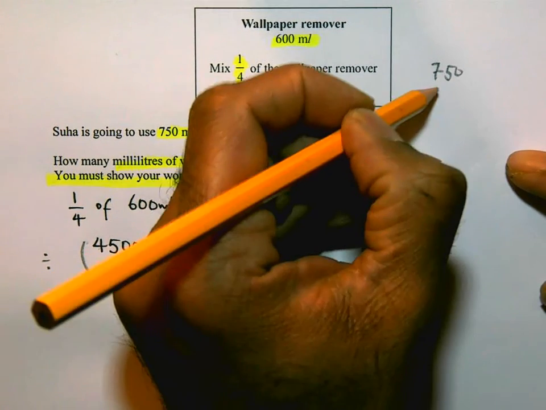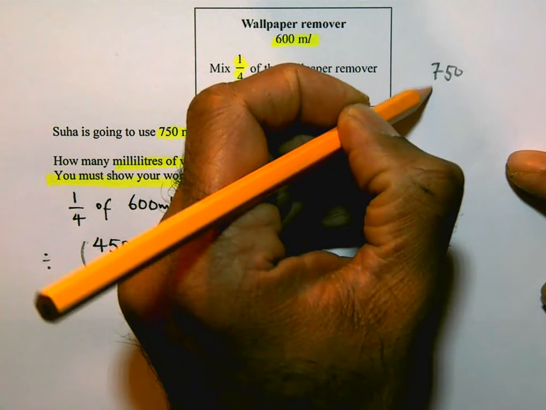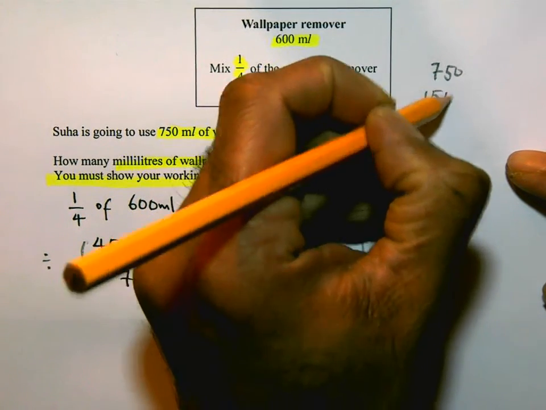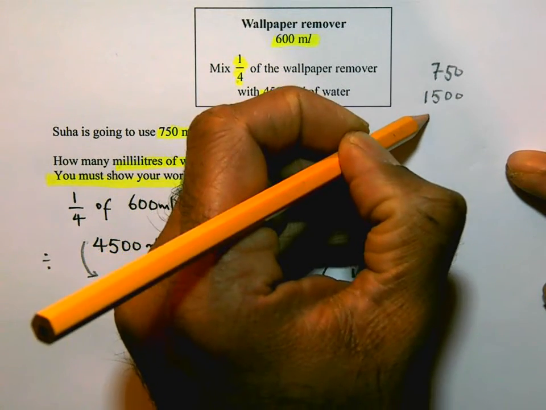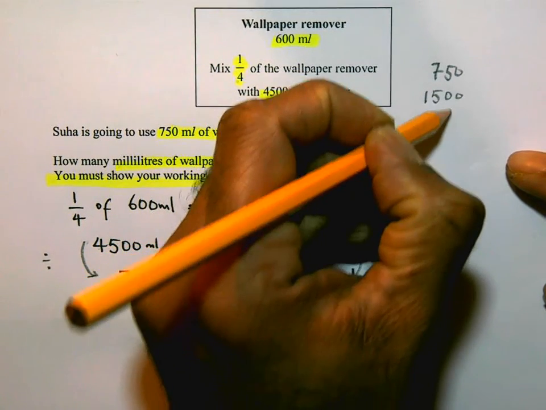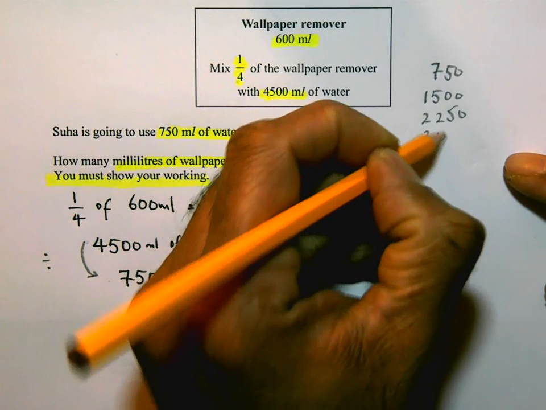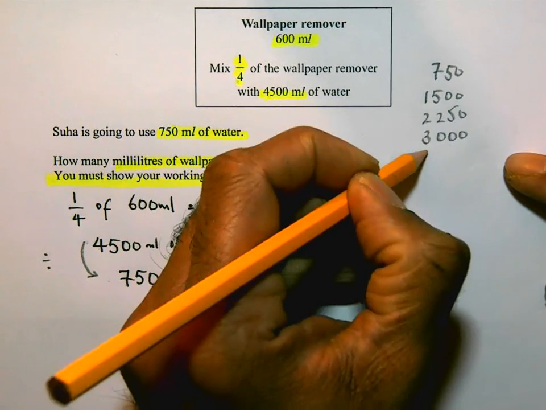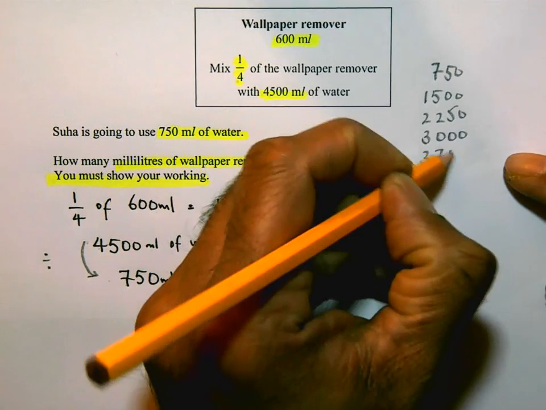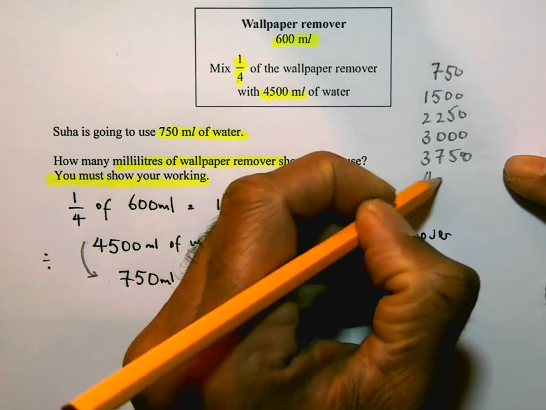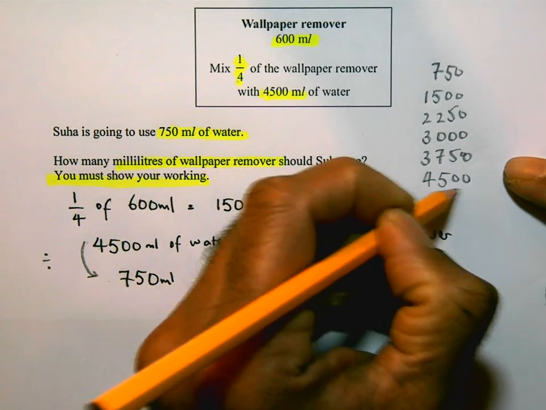So if I keep on adding 750, add on 750 to that, that gives me 1,500. If I add on another 750, that's 2,250. Add on another 750, that's 3,000. Add another 750, that's 3,750. Add another 750, that makes 4,500. So I've got there.